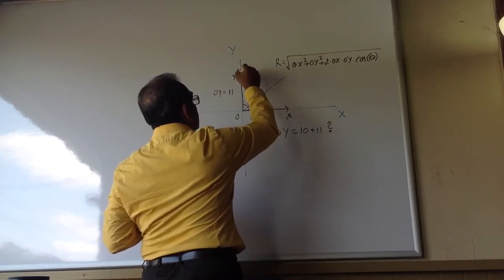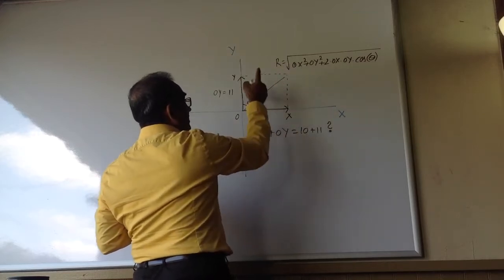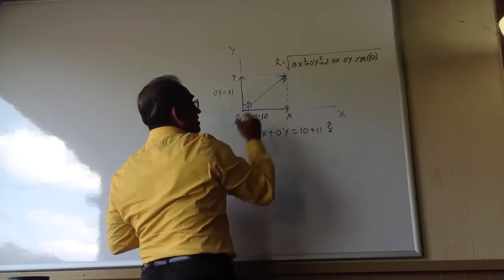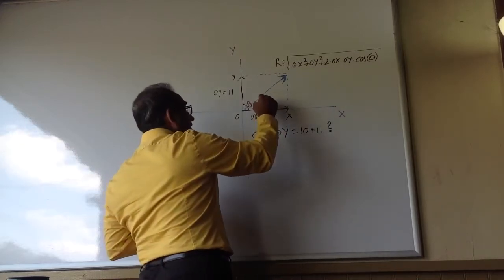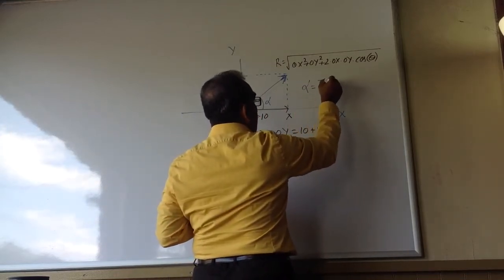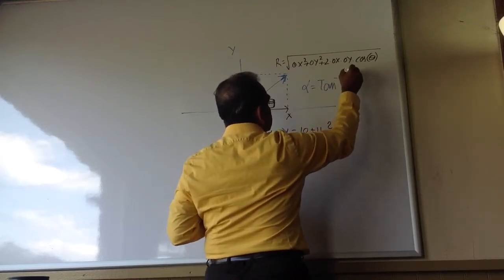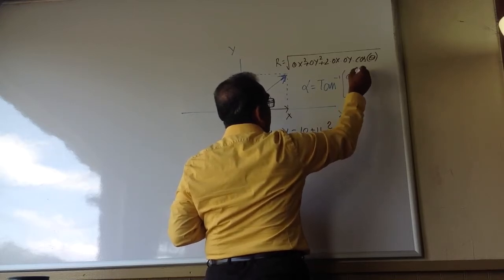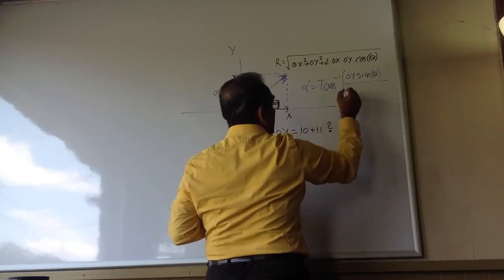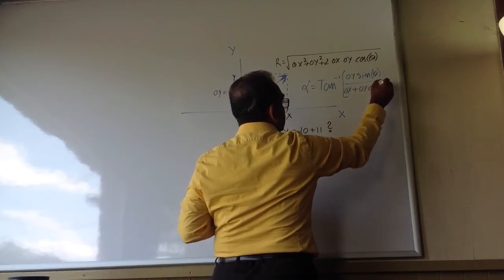If I complete the parallelogram here with these two vectors, then the diagonal represents the resultant of the vector, and it makes an angle alpha here, where alpha is given as tan inverse of OY sine of angle theta whole divided by OX plus OY cosine of the angle theta.